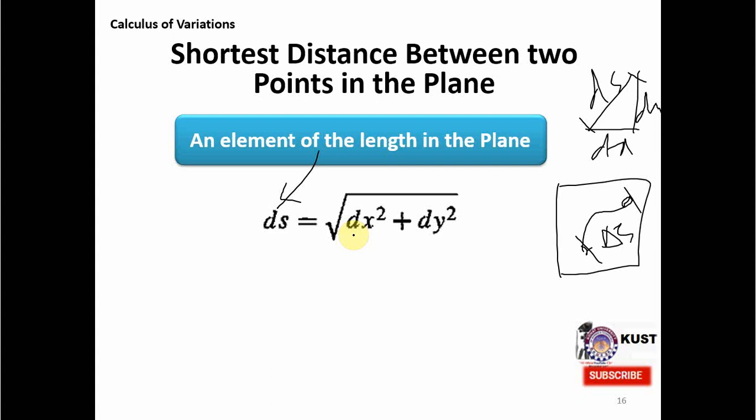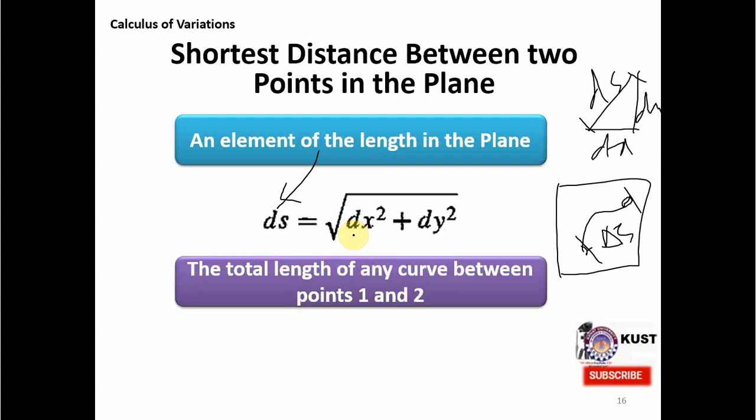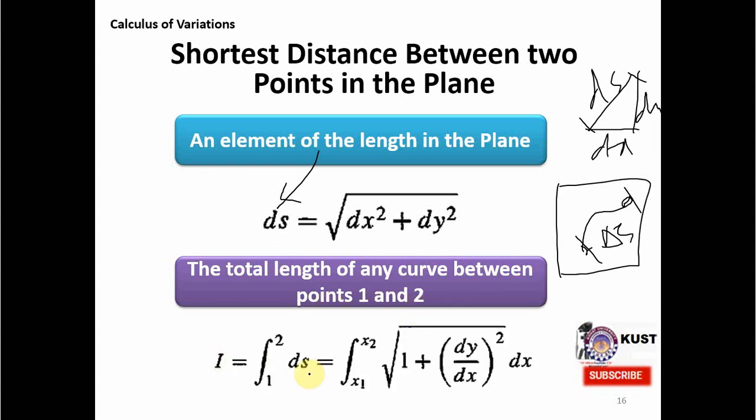Once we have the length element, the total length of a curve between any 2 points 1 and 2 will be equal to this integral, from 1 to 2 of ds, where ds is the length element. If we integrate this length element between points 1 and 2, we will get the total length, which is this integral I. Let's put the ds value from this equation over here, and since we are integrating over dx, let's take dx common.